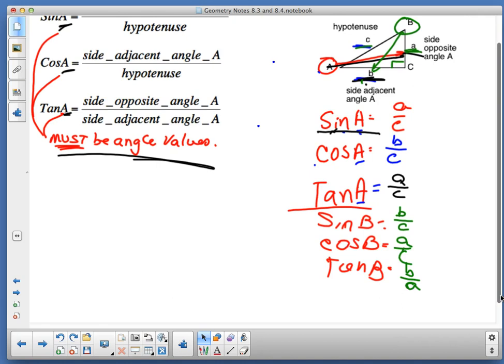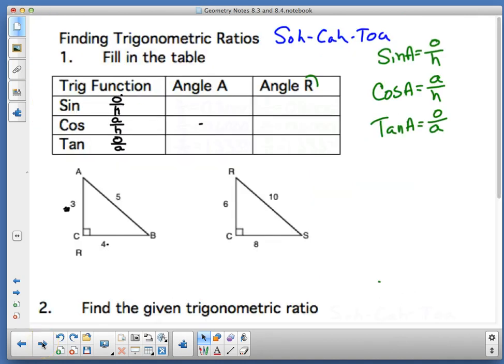Not the right angle. So now, with that said, I have point A right here. This is angle A. I would like you to find the sine, cosine, and tangent of angle A in this first triangle. So please go ahead, find the sine, cosine, and tangent. Sine is opposite over hypotenuse, cosine is adjacent over hypotenuse, and tangent is opposite over adjacent.